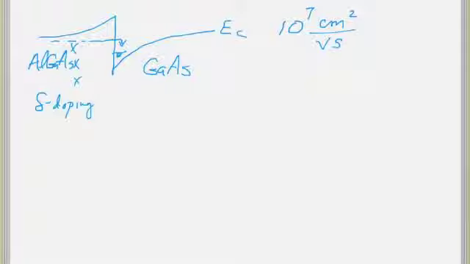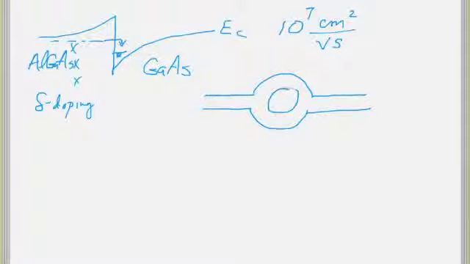So one of the devices that everyone found so interesting at the time was this Aharonov-Bohm ring, where you would send in your electron wave, and you have to think of it like a wave to understand it, from one side.